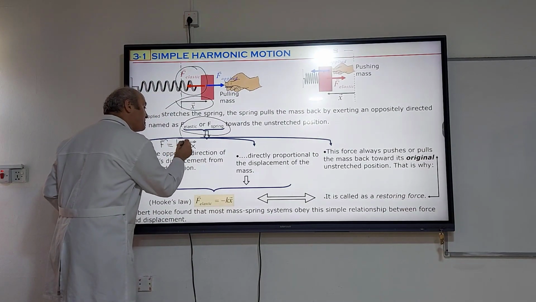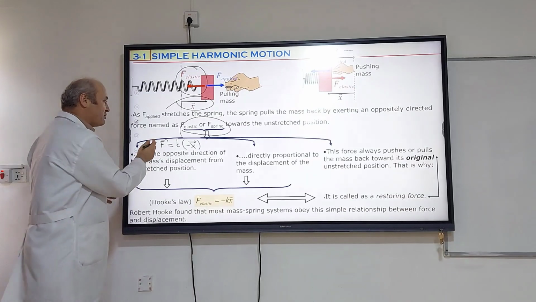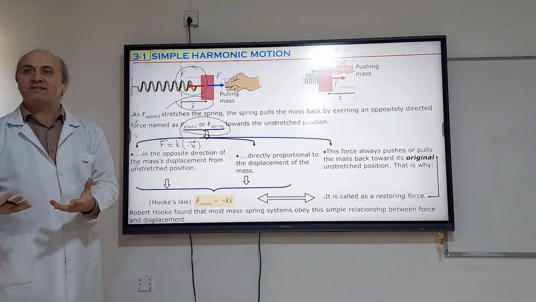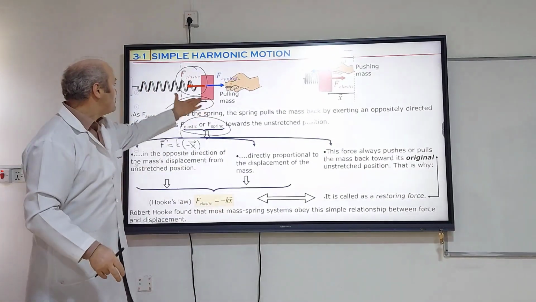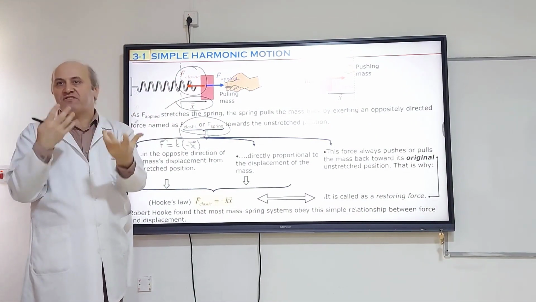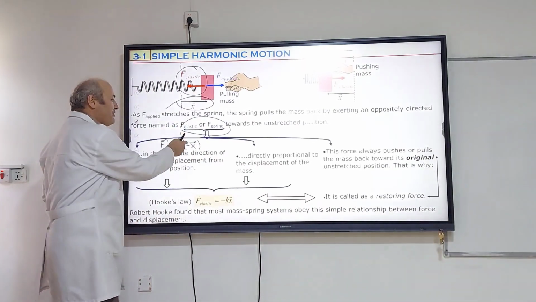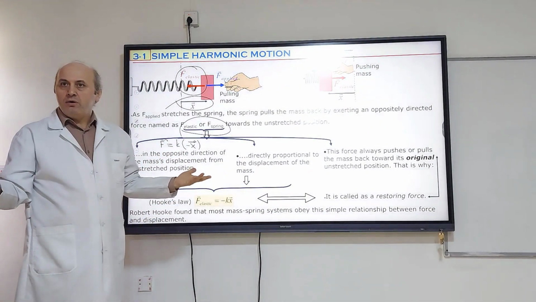In fact, our equation is this: F elastic is equal to k times negative x. Why negative x? Because, as you see, these two vectors are opposite in direction, and they are related by a negative sign. But mathematically, putting the negative here or here makes no difference.